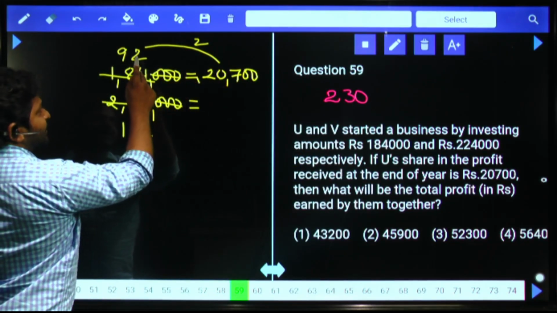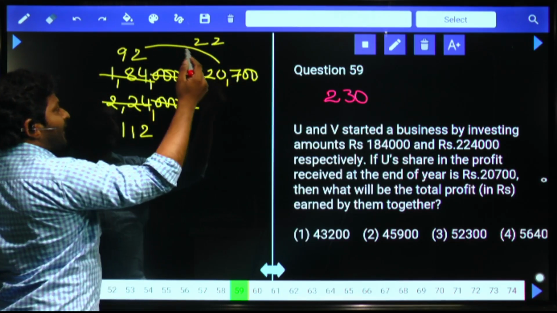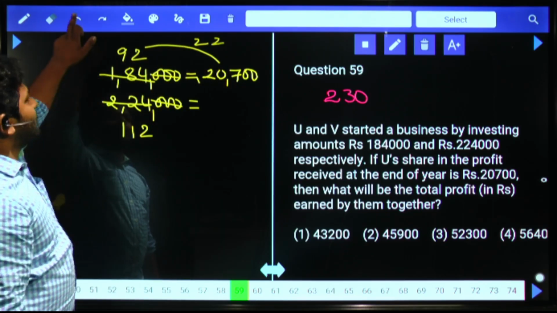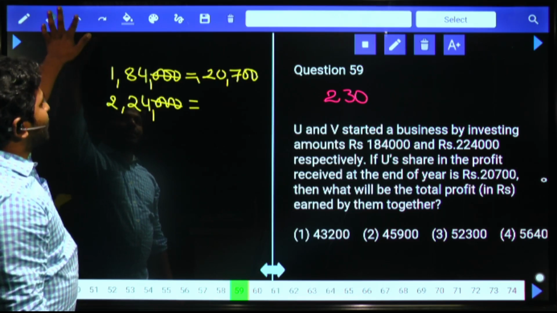In the sense, 92 again 2 times and then 5 times. Simplification takes a lot of time, so let's not go for it. It is 2.25 times, don't go for it.